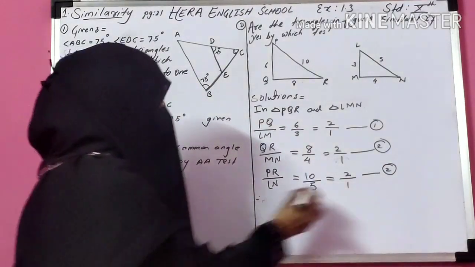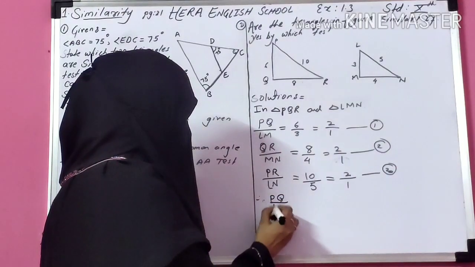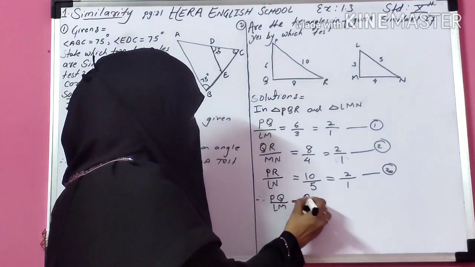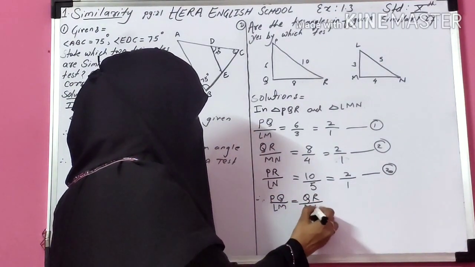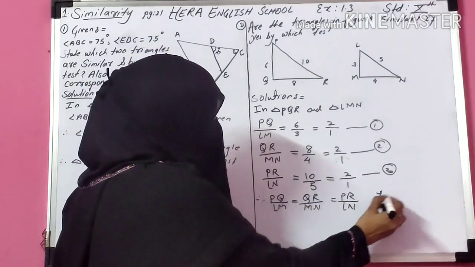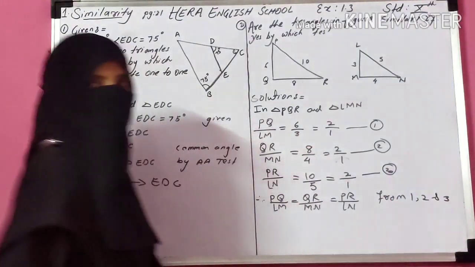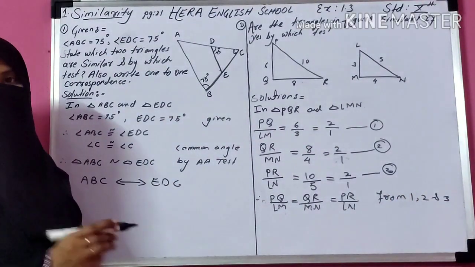Therefore, from 1, 2 and 3, the ratio PQ upon LM is equal to the ratio QR upon MN, which is equal to PR upon LN. All three ratios are equal.